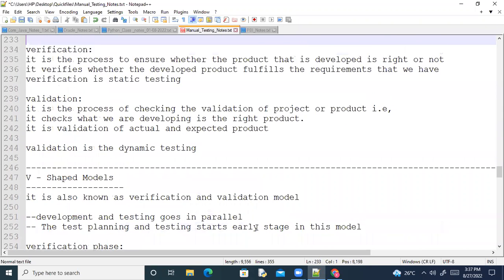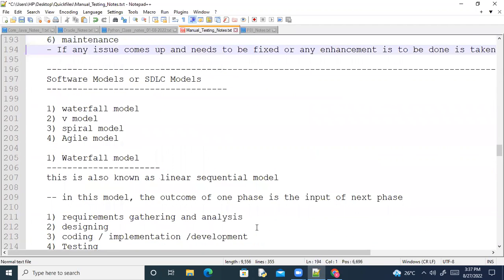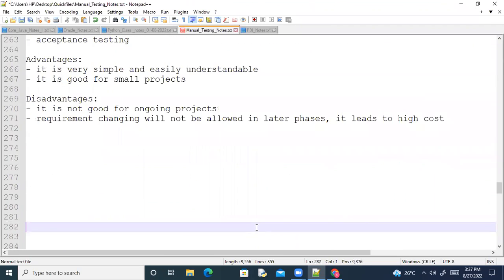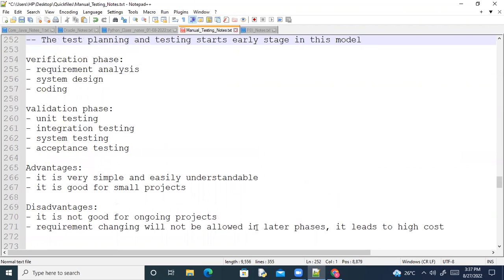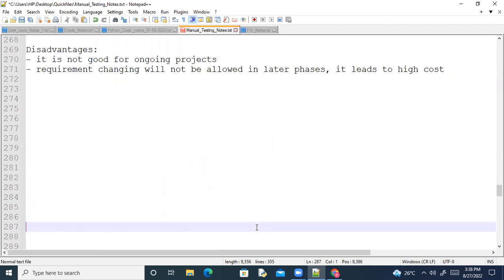These are the advantages and disadvantages of the V model. Next we will discuss the spiral model. We'll finish the spiral model quickly, and majorly we have to focus on agile methodology, which is what people are working in for the majority of today's projects. We will discuss why people are choosing agile methodology.